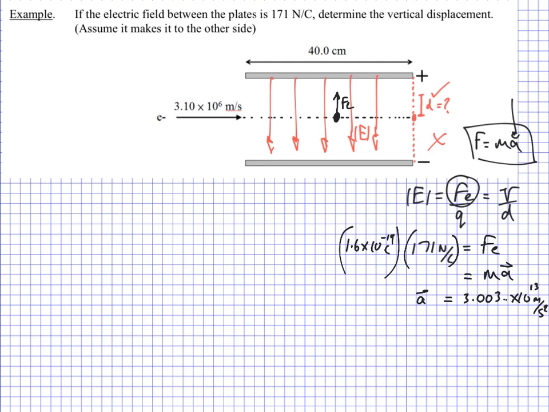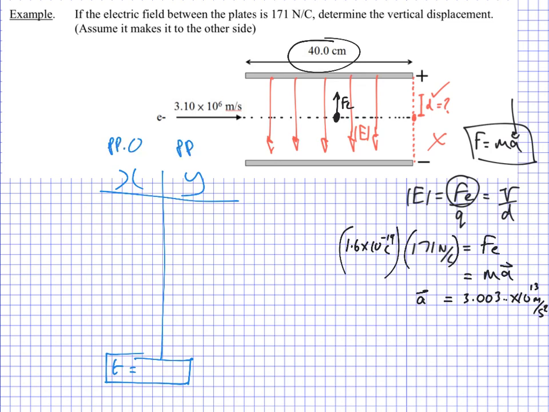I also know the horizontal distance that it travels. So this is where I'm going to start thinking about this as a projectile motion problem. And hopefully you can recall from Physics 20, when we have a projectile motion problem, we can think about the X and the Y systems differently. In the X system, we're going to use physics principle 0.